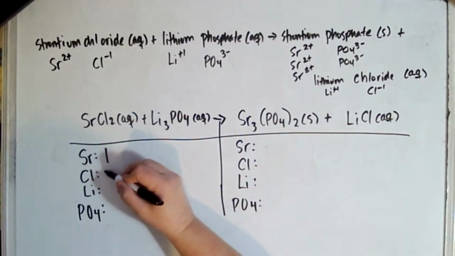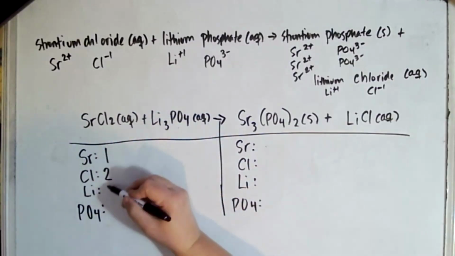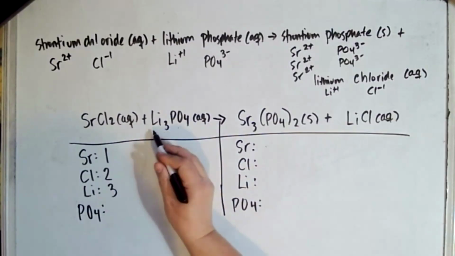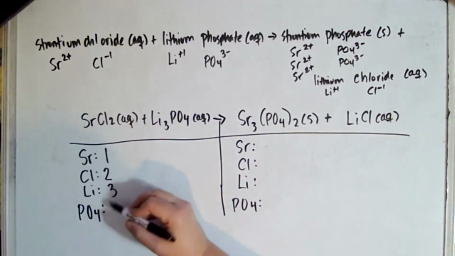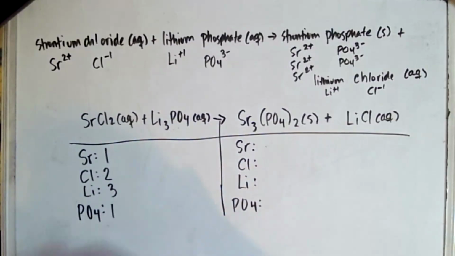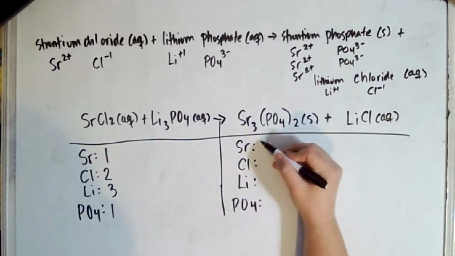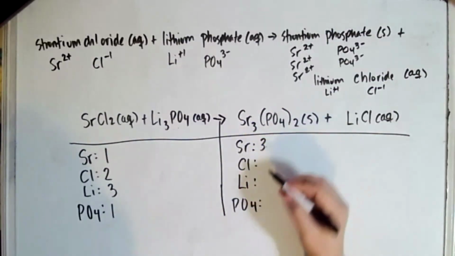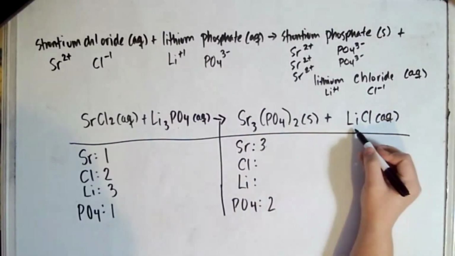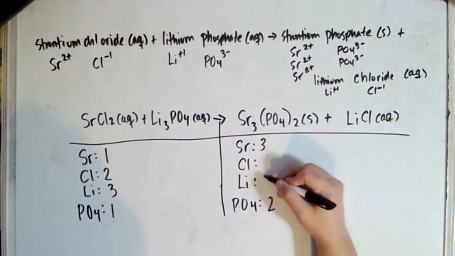Okay, so 1 strontium, 2 chlorines, 3 lithiums, and I've got 1 phosphate. Okay, so that 1 counts as 1 phosphorus and 4 oxygens. On my product side, I've got 3 strontiums, I've got 2 phosphates, 1 lithium, and 1 chlorine.